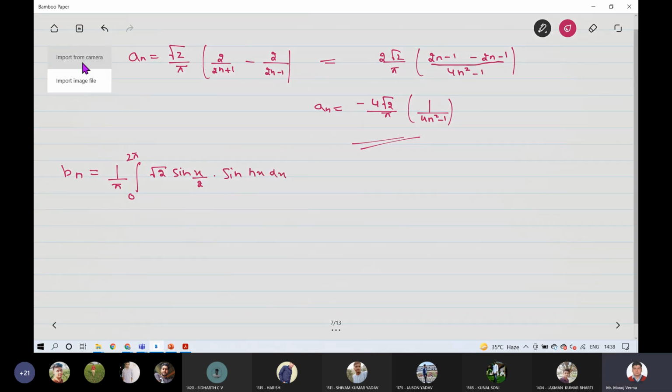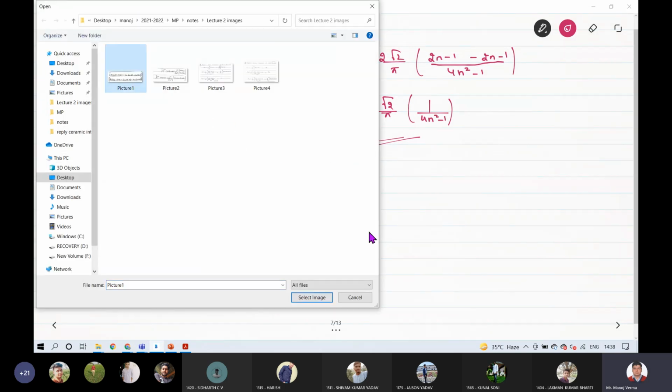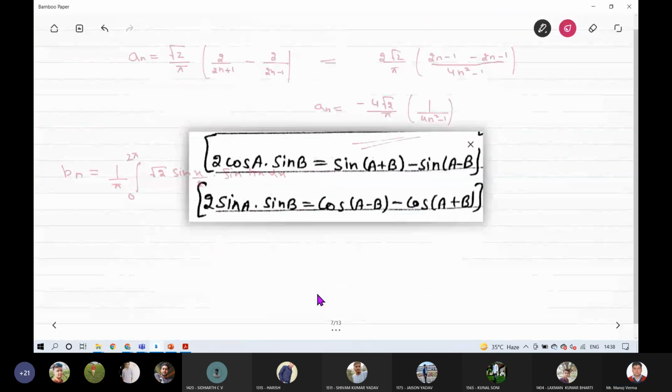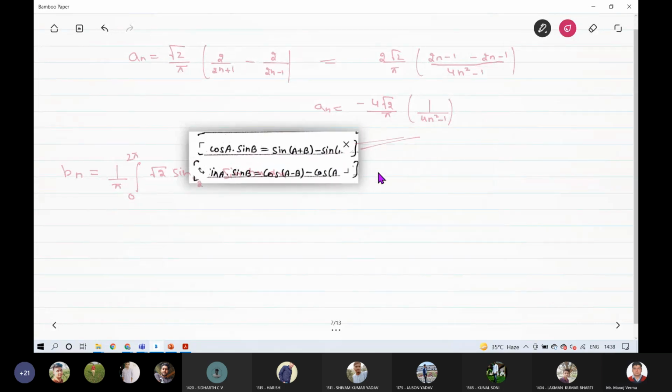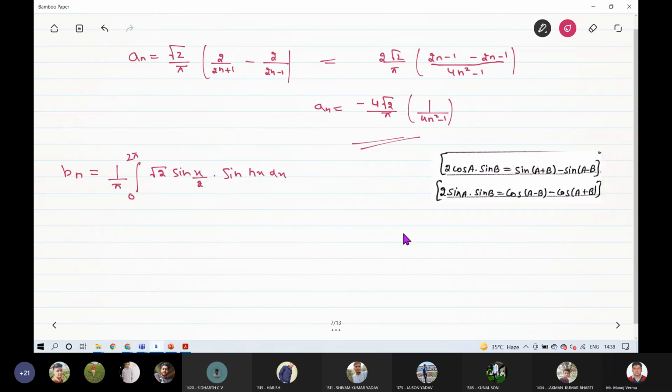So again, I use my trigonometric identity for this term. For making this identity, what I need to do is I will again multiply and divide by 2.